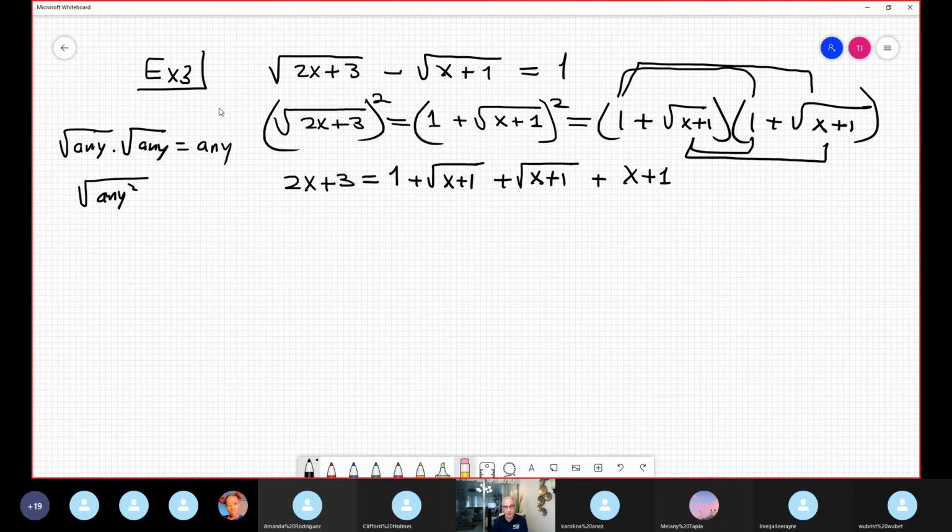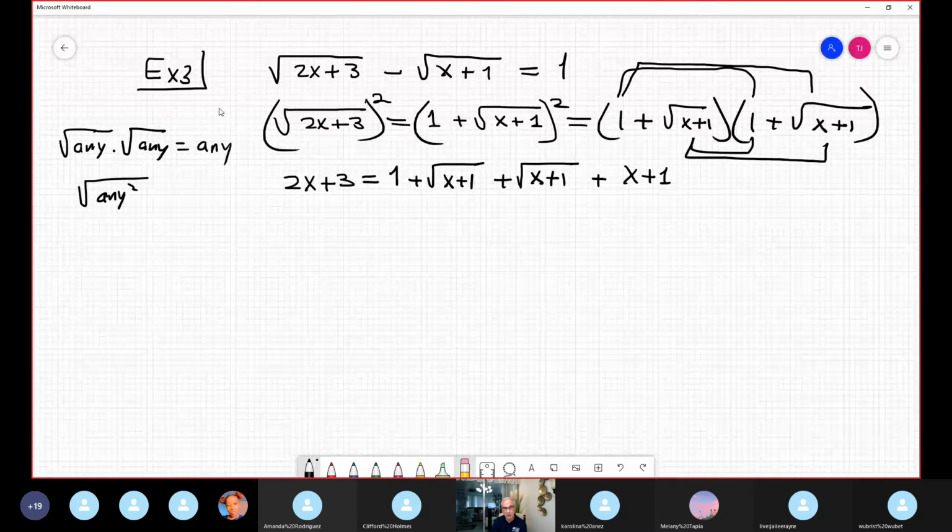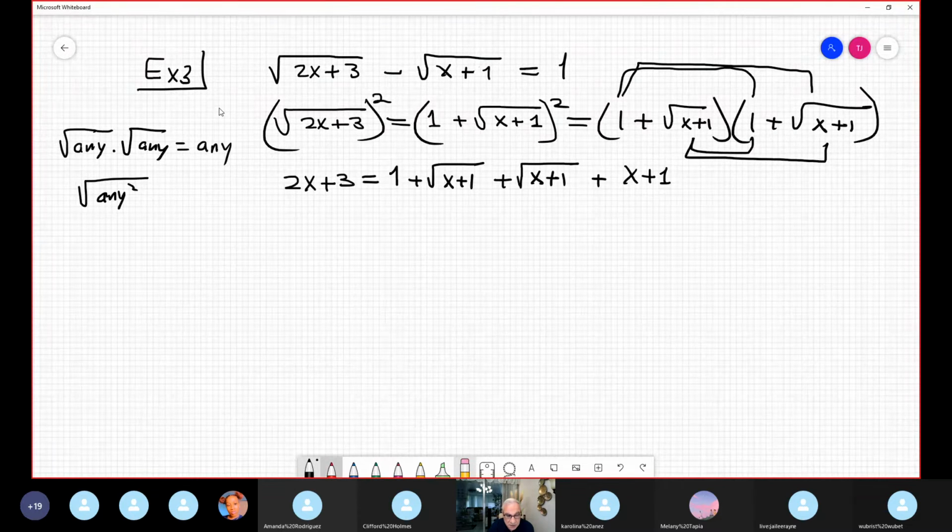Okay. Now, I need to combine. I can see that this one and this one, there is no reason to copy separately. You copy 2x plus 3, and 1 plus 1 is 2. Doesn't matter if you put it here or in the last part.